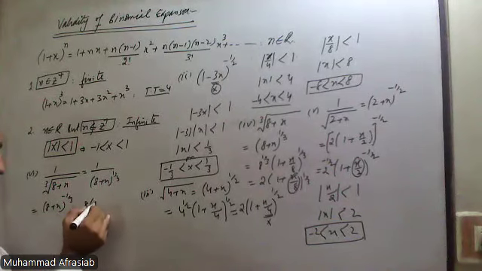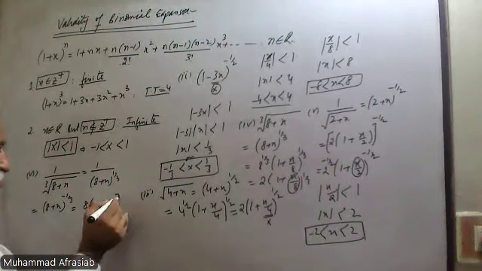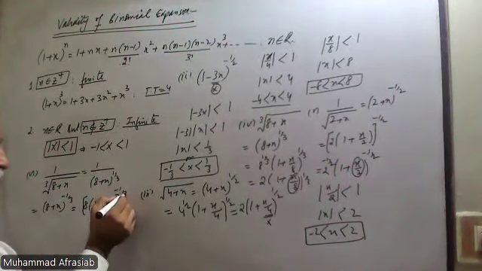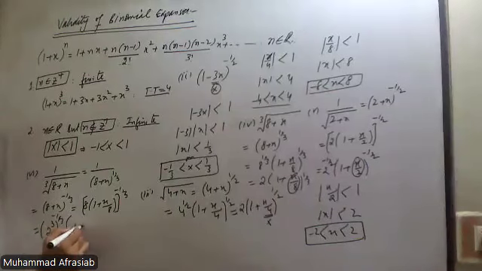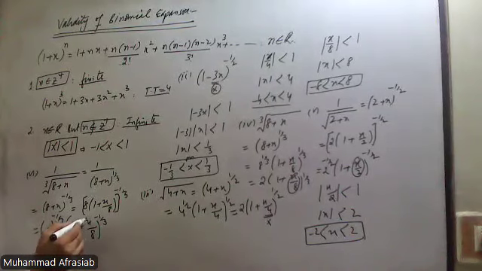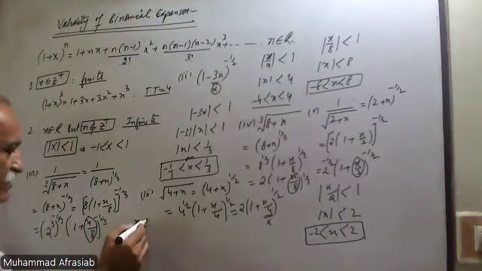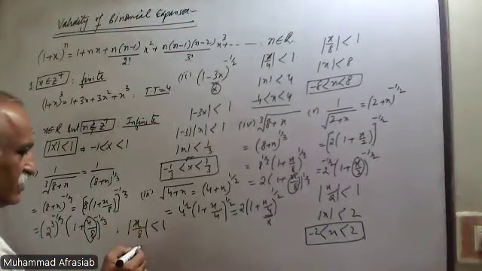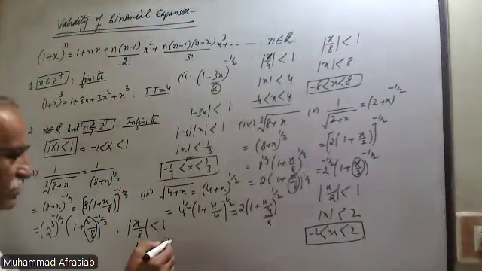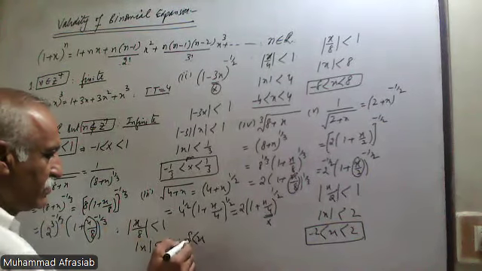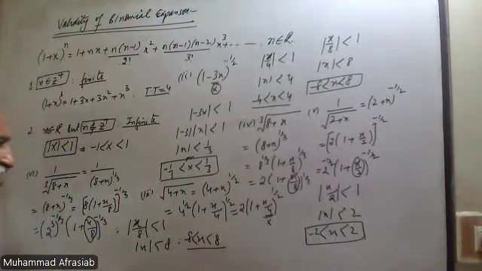If 8 is common, this is 8^(−1/3)(1 + x/8)^(−1/3), which becomes 2^(−1)(1 + x/8)^(−1/3). Now your x value is x/8, so |x/8| is less than 1, or |x| is less than 8, or x is greater than −8 and less than 8.